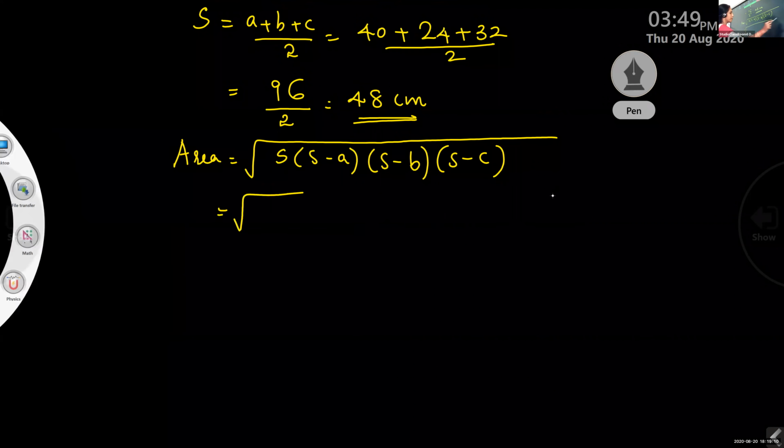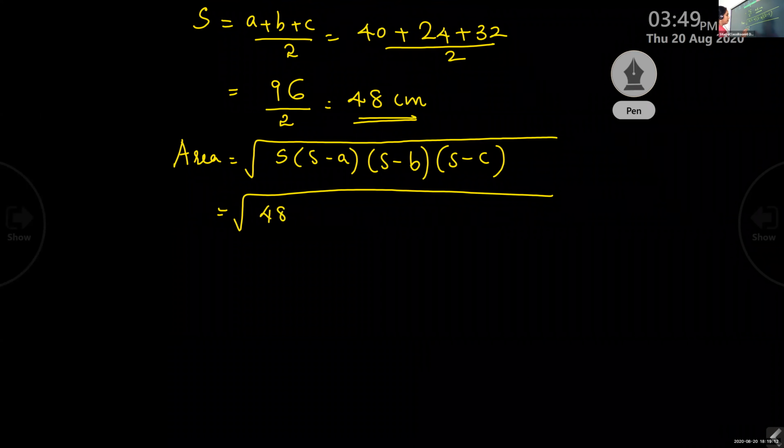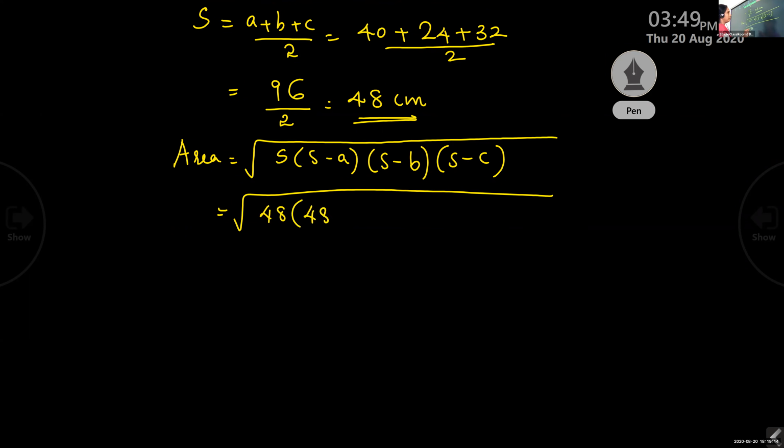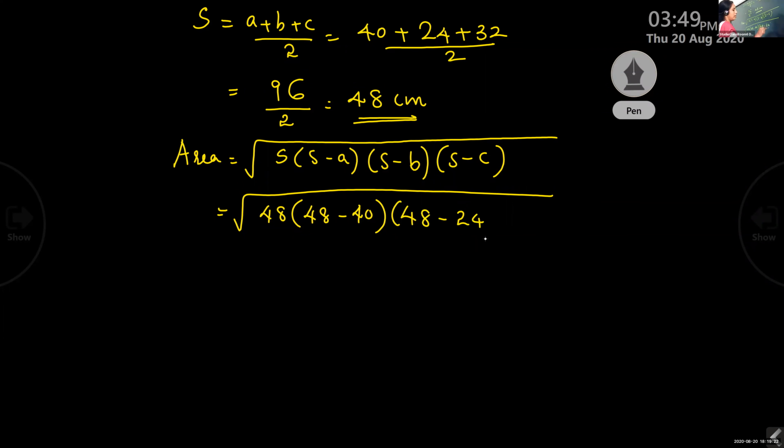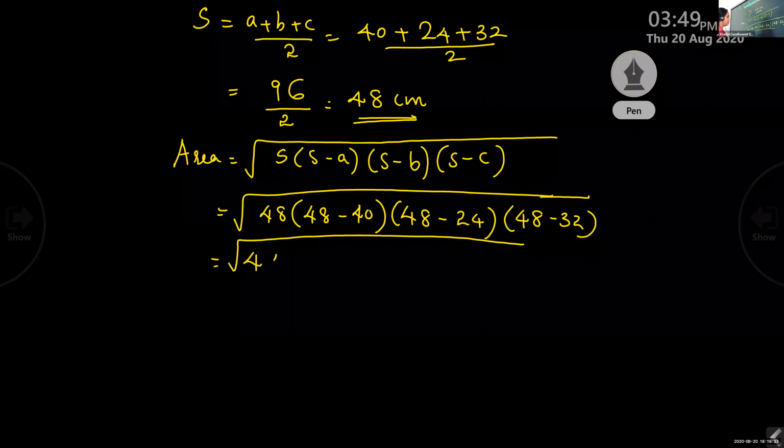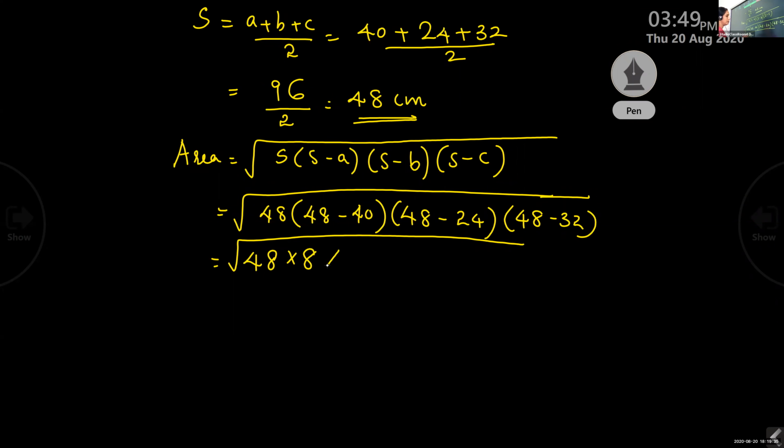Root of 48 into 48 minus 40, 48 minus 24, and 48 minus 32, equal to root of 48 into 8 into 24 into 16.